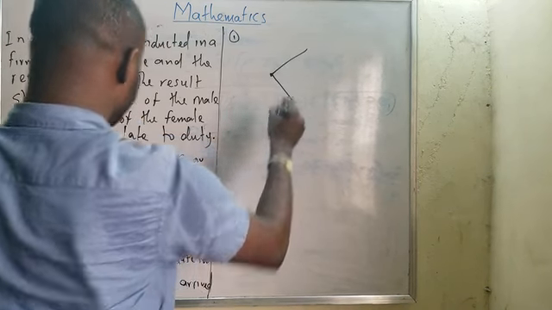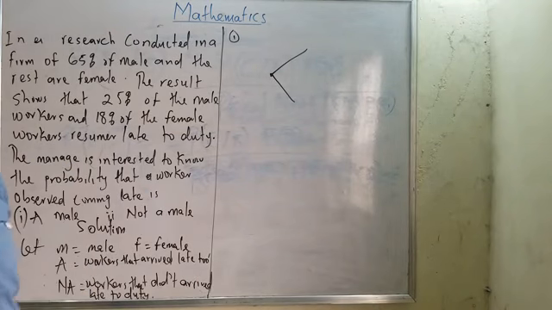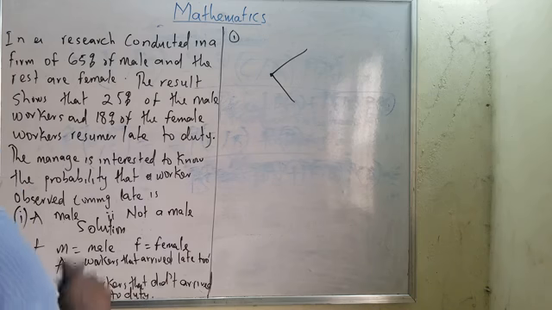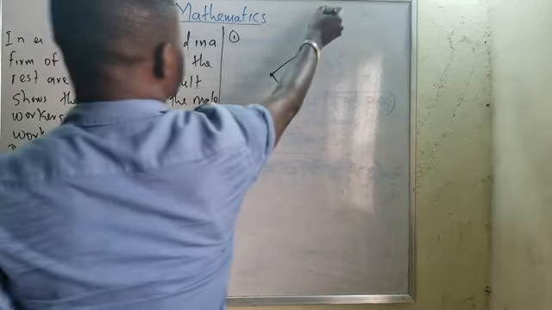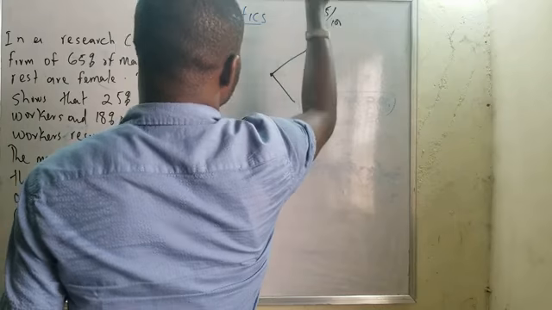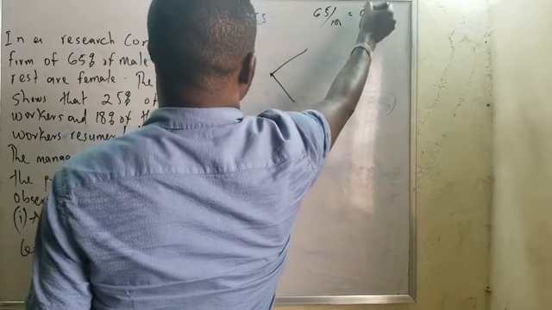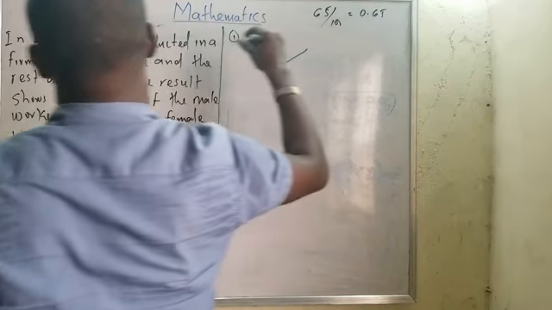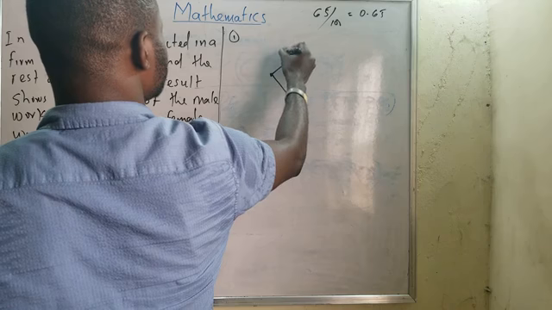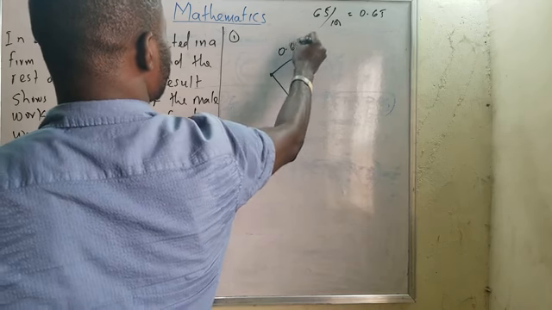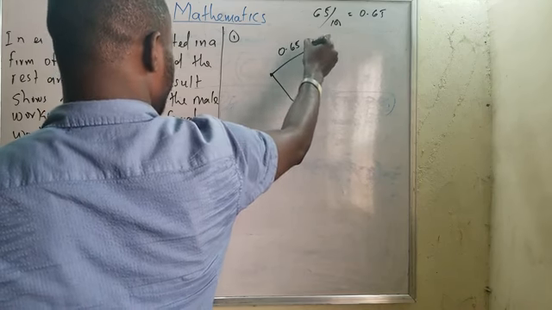There are two things I'm talking about: a male and a female. Now, the probability of a male is 65, and 65 divided by 100, which is percentage, will be 0.65. This will stand for the male.